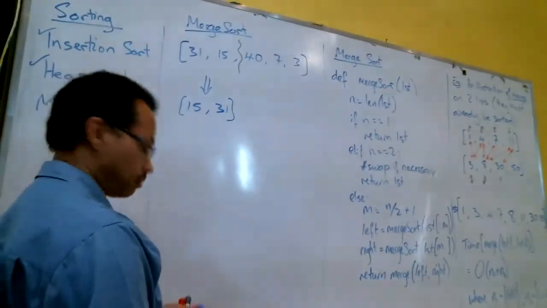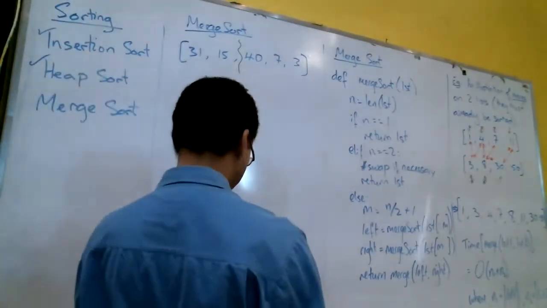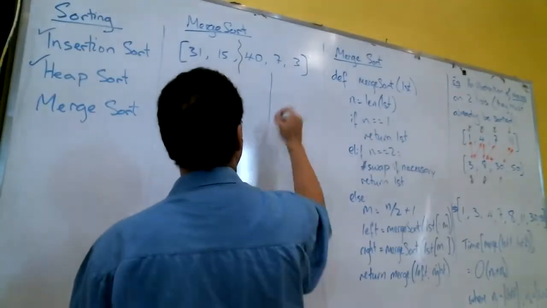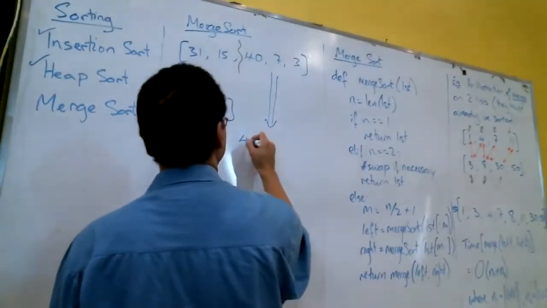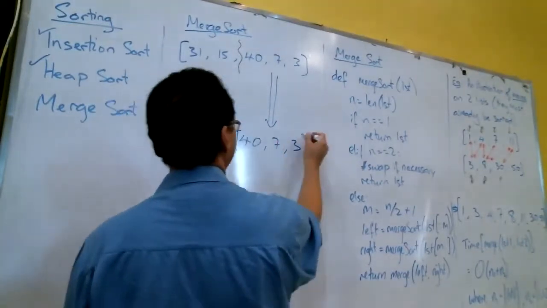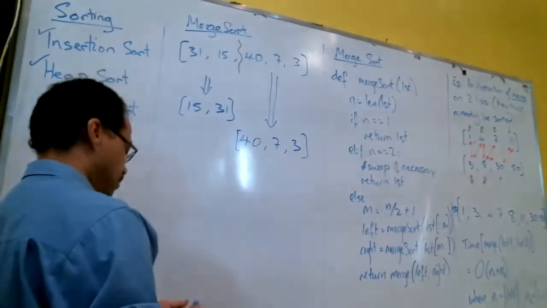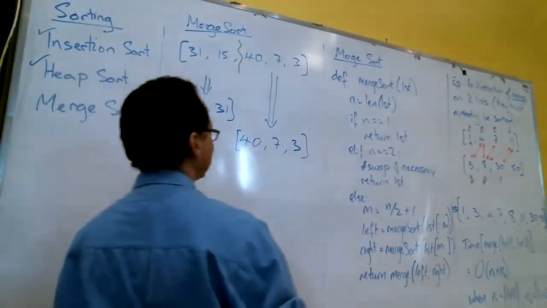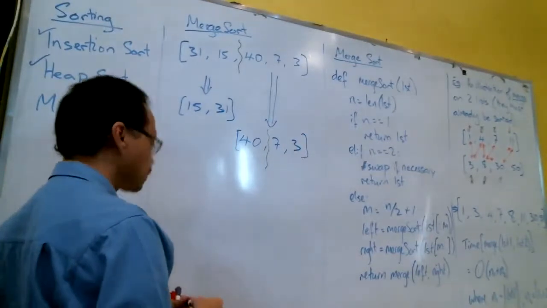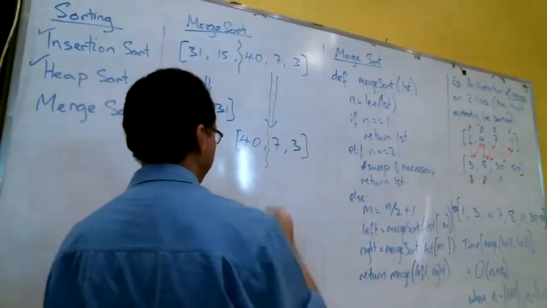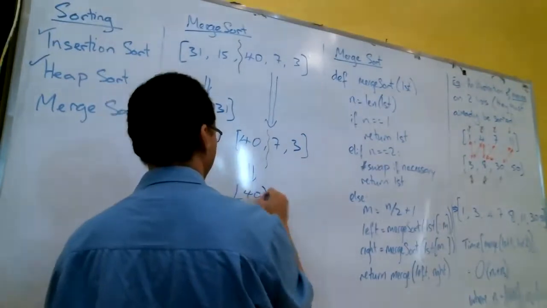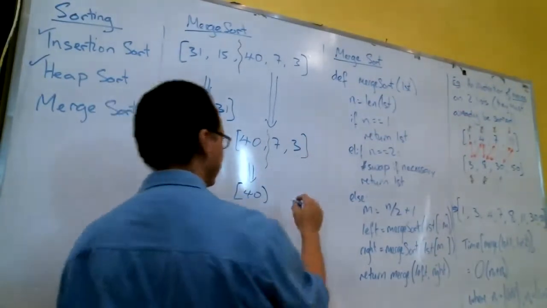That's too big. So we already started off making the left side smaller, which means that when I split this one, I need to split it there. Of course, the 40 can stay. It's sorted. The 7 and the 3, you'd swap.